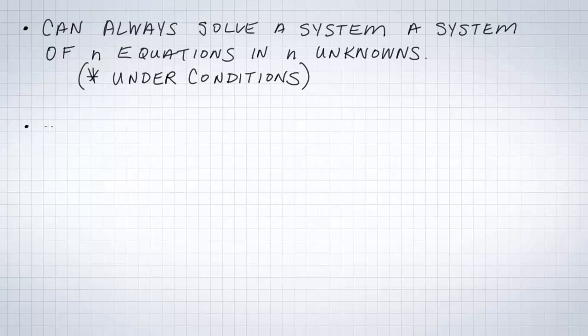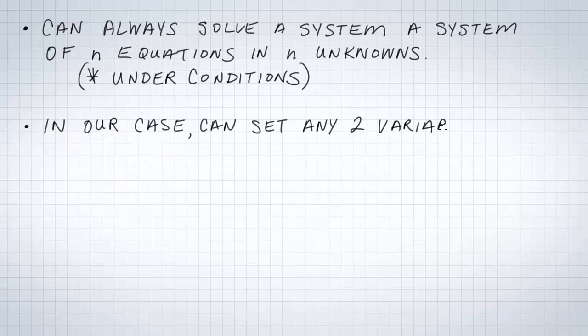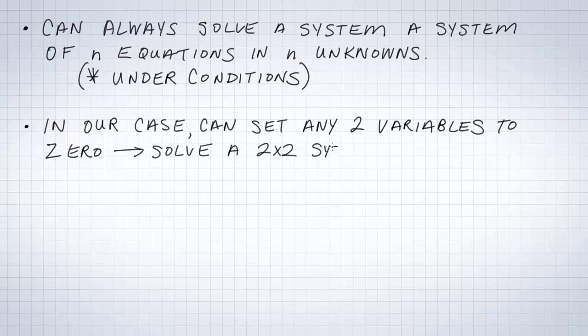So in our case, we can set any two variables to 0 and solve the 2 by 2 system. And when we solve that 2 by 2 system, we will obtain a basic solution.